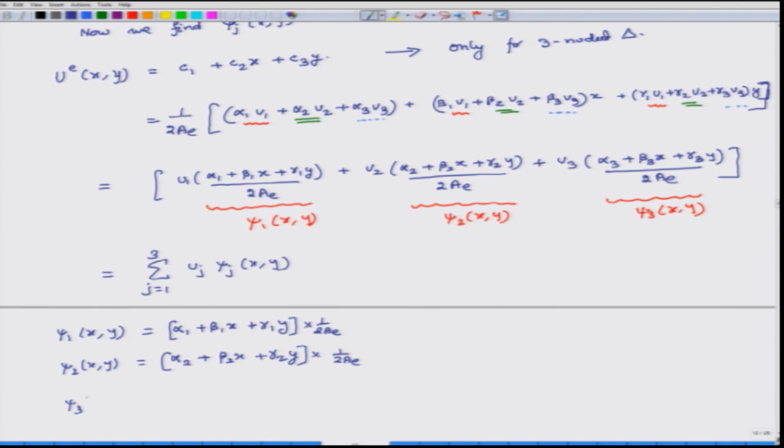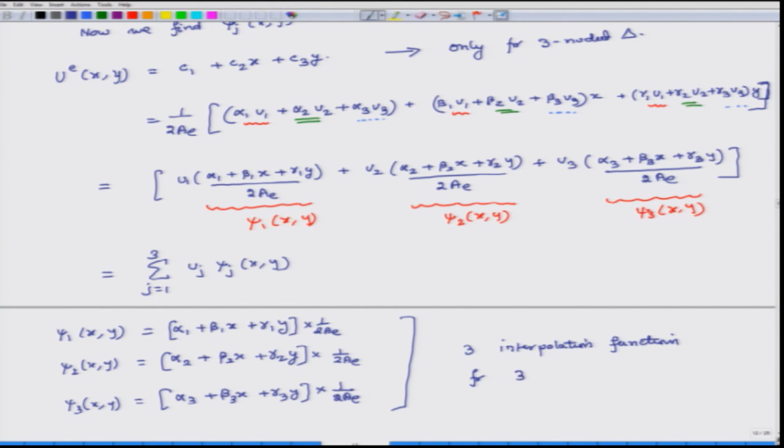And psi 3 xy equals alpha 3 plus beta 3 x plus gamma 3 y, times 1 by 2 AE. So, these are the three interpolation functions for the 3-noded triangle.